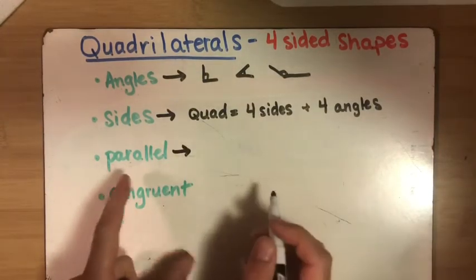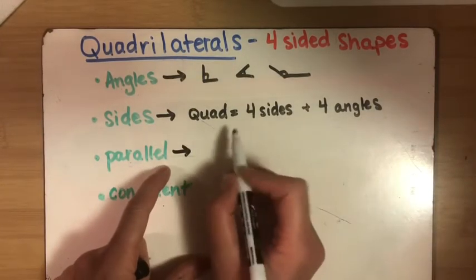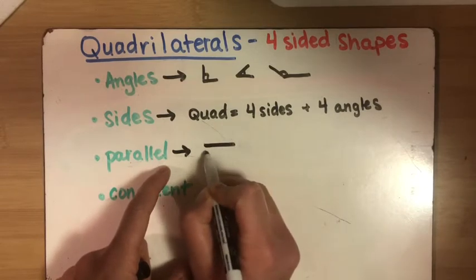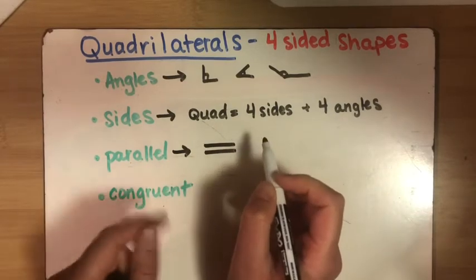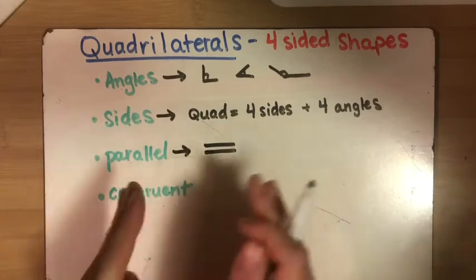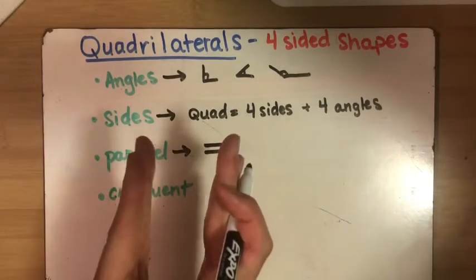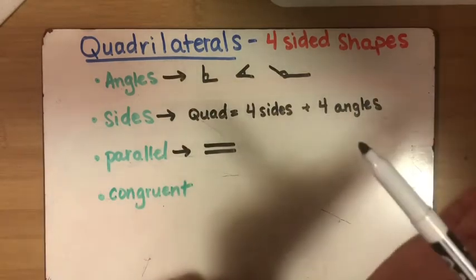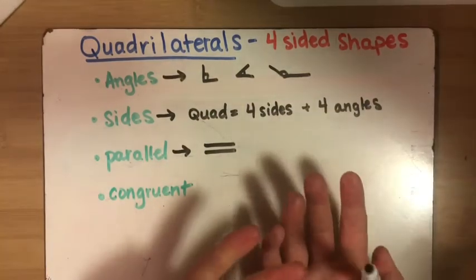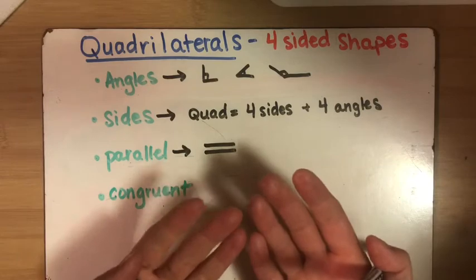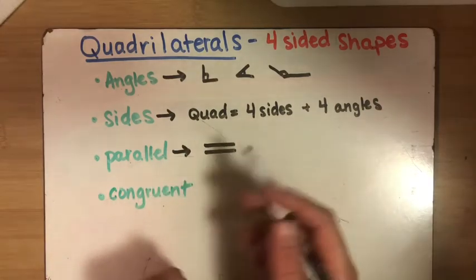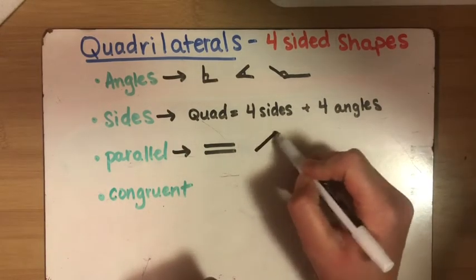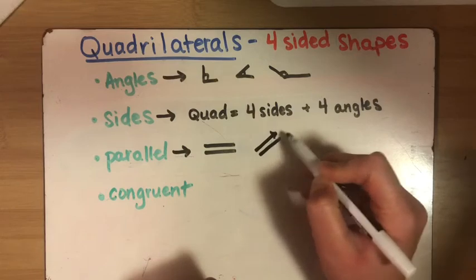Parallel means that 2 lines go together and they will never cross. They're perfectly lined up with each other and they will go on forever and they will never cross each other. So some things that you can think about are like a railroad track, or maybe like 2 arrows going the same direction.